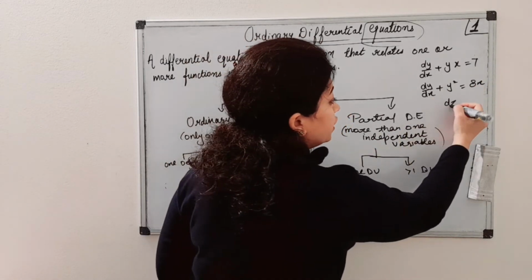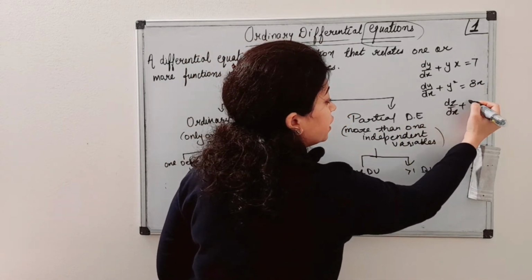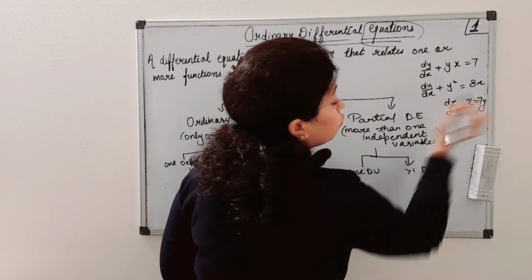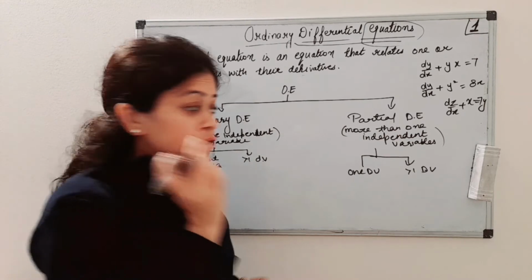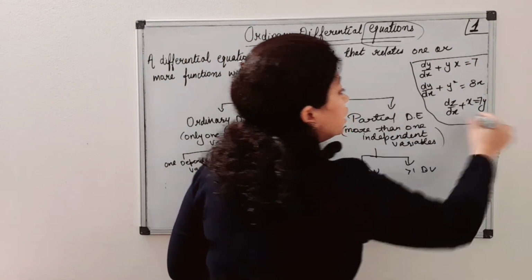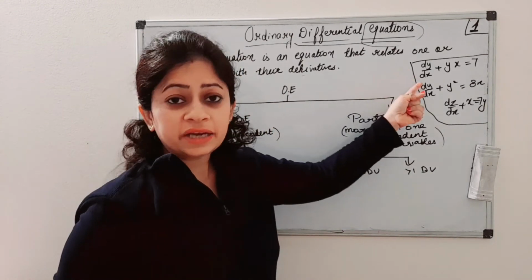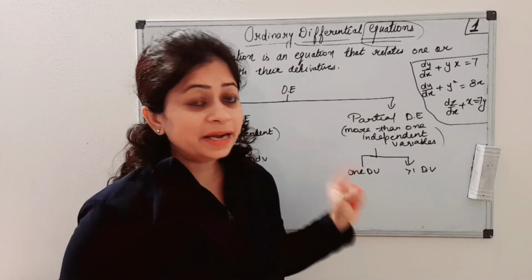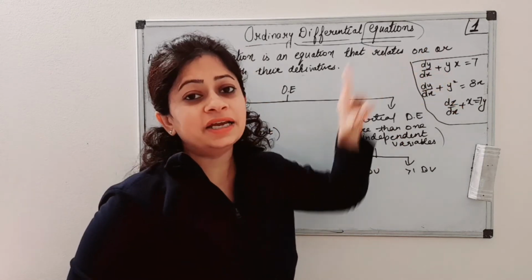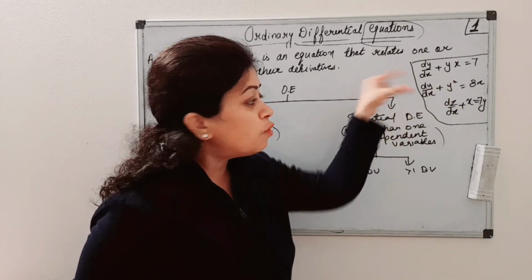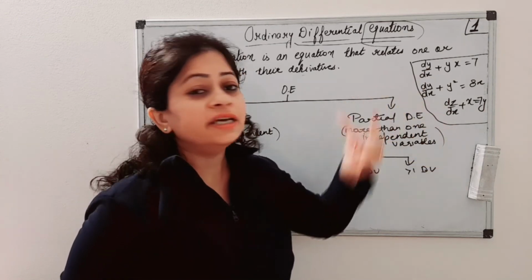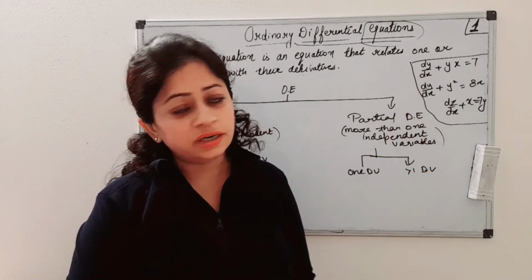Suppose we have dz by dx plus x equal to 7y. If any equation is a relation between a function and its derivatives, relating one or more functions with their derivatives, then that equation is called a differential equation.